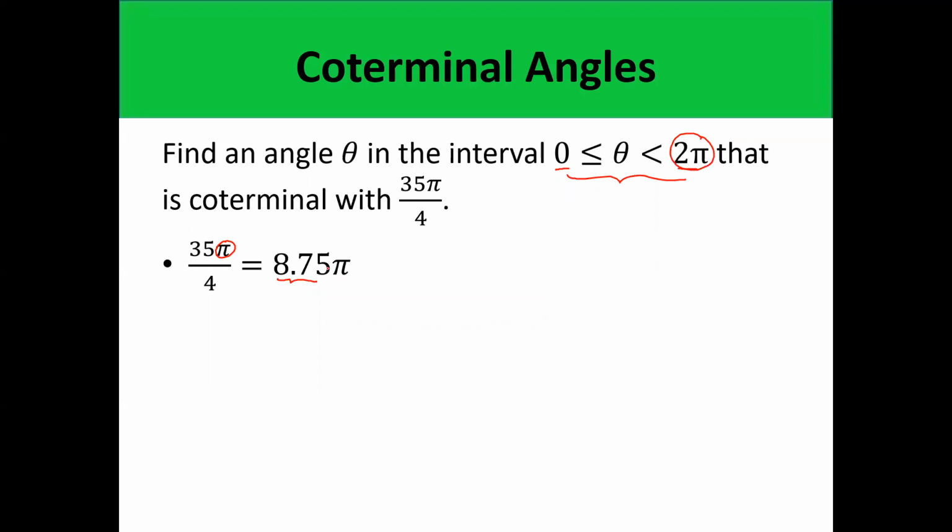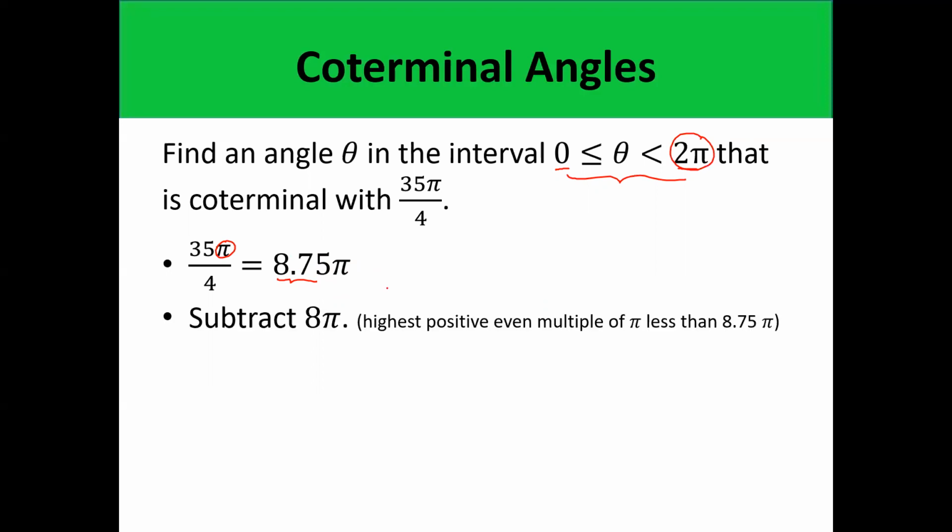So since we have 8.75 pi here, we are going to subtract 8 pi because that's the highest multiple of 2 pi that is less than 8.75 pi. So we're going to subtract 8 pi: 35 pi over 4 minus 8 pi.